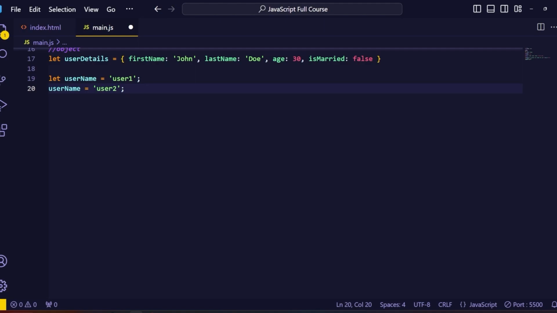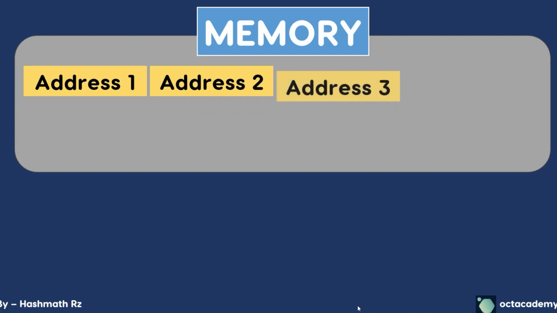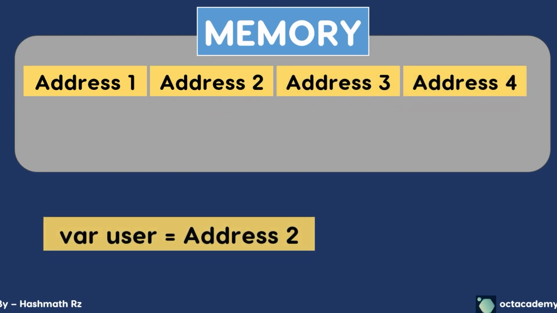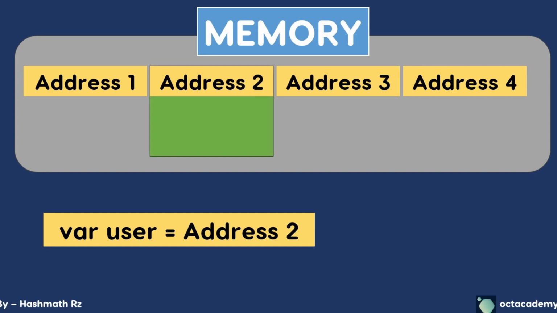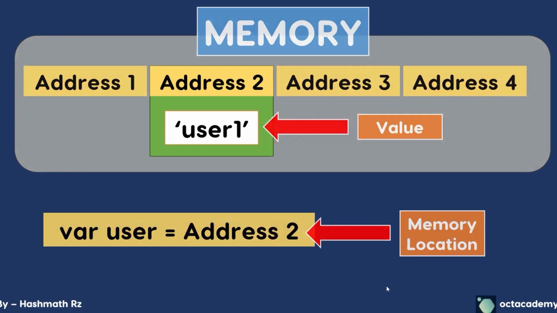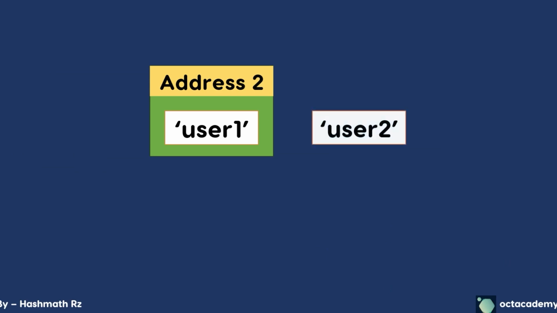In the previous section, I explained to you how the variable declarations are placed inside the memory. So when we declare a variable, our local computer's RAM or memory allocates a dedicated space for this variable and saves the value inside this variable's memory location. So when we assign a new value to the same variable, what will happen inside the memory? Can you guys guess?